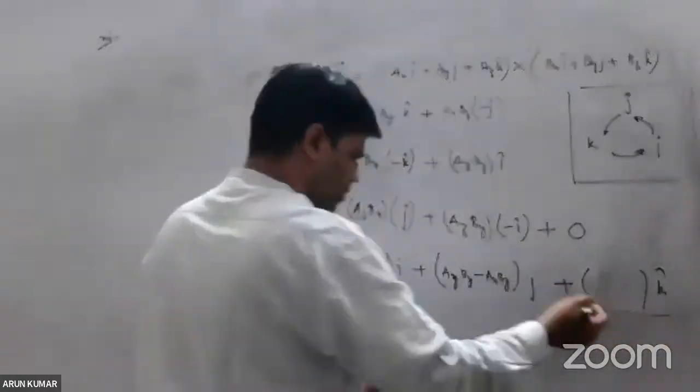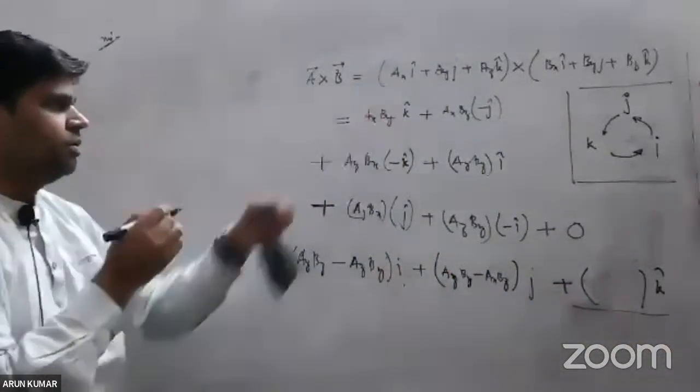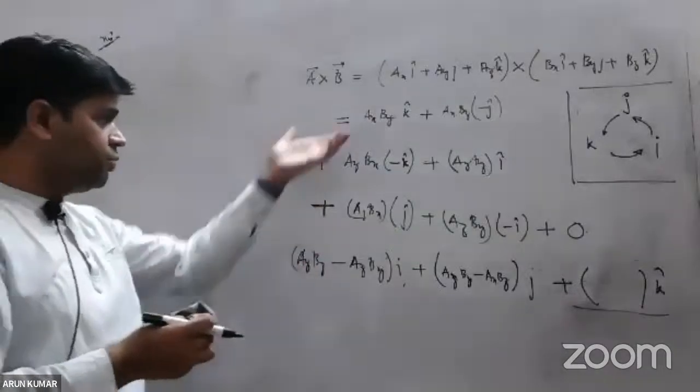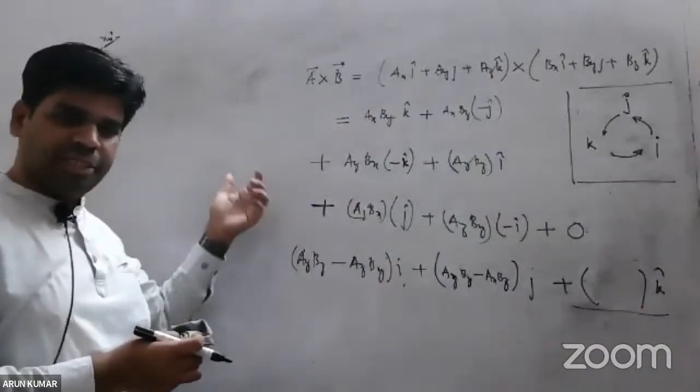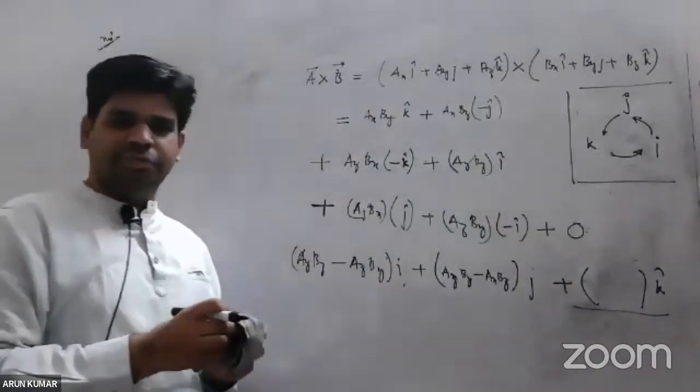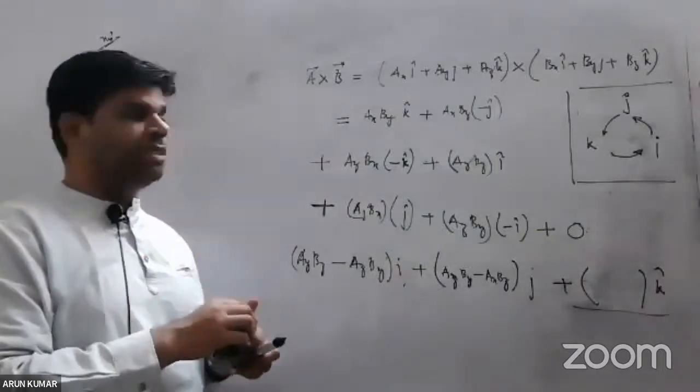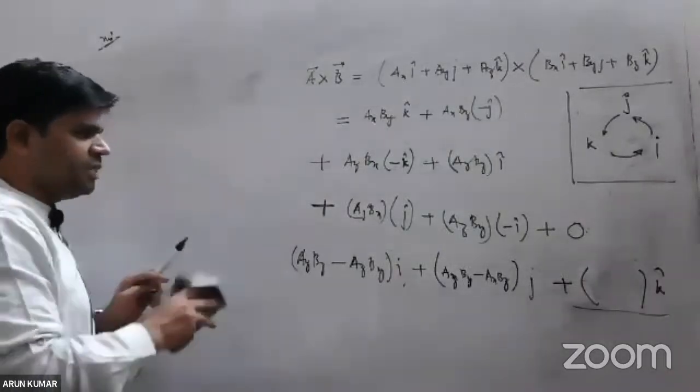Similarly for k. I'll not waste time on that. But what I mean to say is, doing it this way and also the next method, we'll get the same result. Only the way to manipulate is different. That's the determinant method. I'll tell you what the determinant method is now.